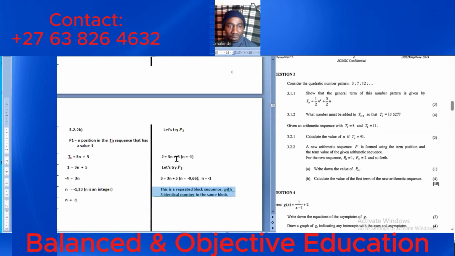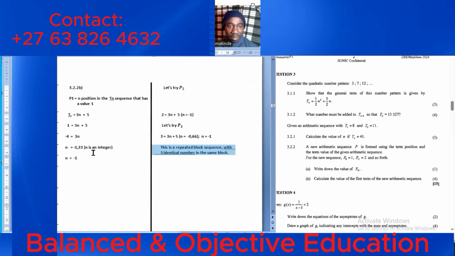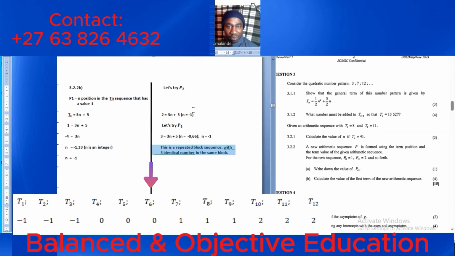All right, so the first term here, which is P1, will be -1. The second term would also be -1. The third term will be -1. And the fourth term, the fifth term, and the sixth term will be 0. So the seventh term will be 1. The eighth term will be 1.